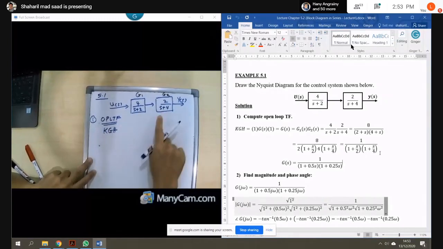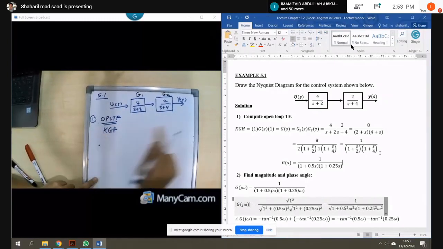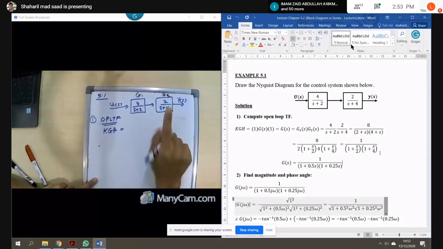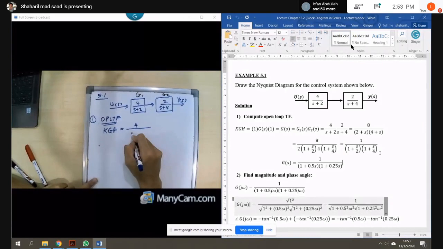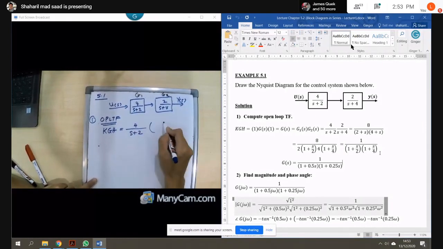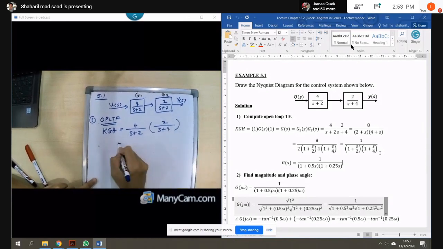You don't have K here, so it means G1 times G2. So you get 4s plus 2, multiplied with 2s plus 4 here. Then you get 8 times s plus 2 over s plus 4.